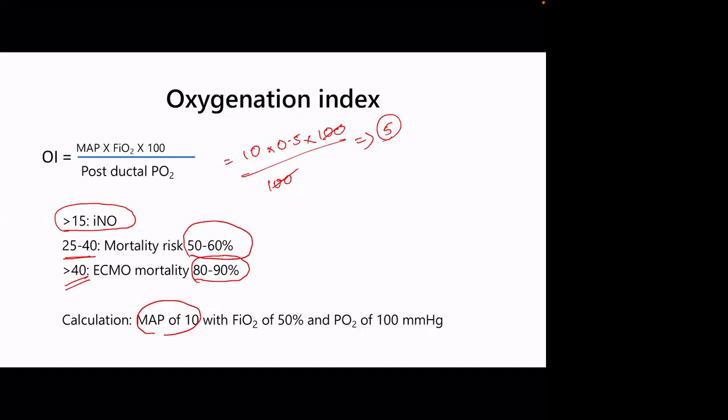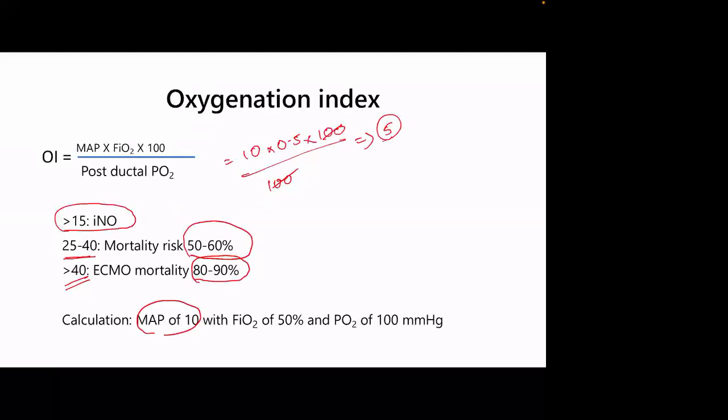So these were the major blood gas anomalies that we discussed: metabolic acidosis, metabolic alkalosis, respiratory acidosis, and respiratory alkalosis, and how to look at the acid-base status.